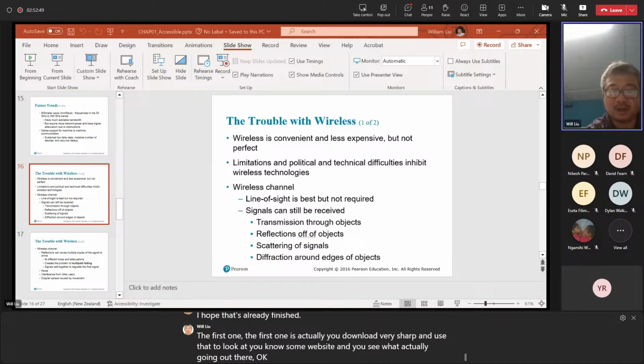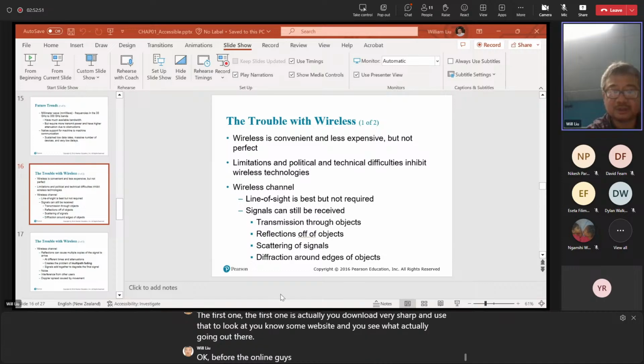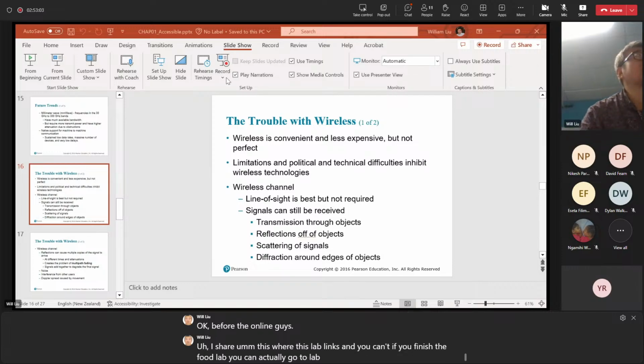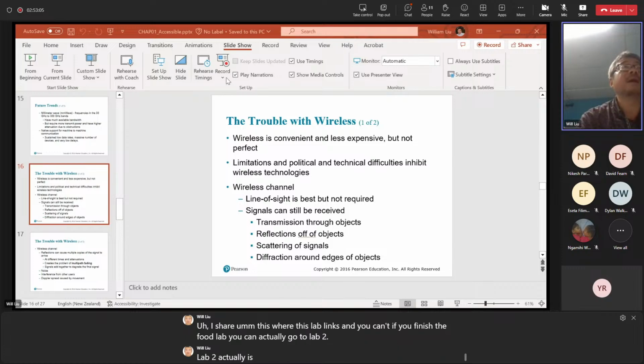And for the online guys, I'll share these lab links, and if you finish the first lab, you can go on to lab 2. Lab 2 is about HTML.